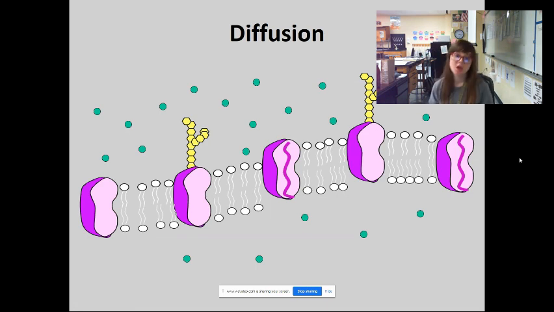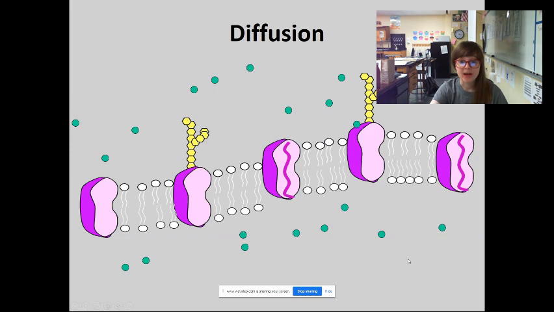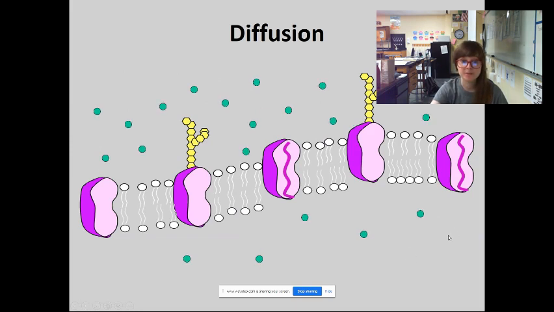Now, if you're taking notes, really all you want to get is just a basic definition of these terms. So in diffusion, I want you to just watch what happens with this animation. We have a high concentration of molecules up here at the top of the cell membrane and a low concentration of molecules down here. So since we're dealing with passive transport, I want you to think, what is going to be the movement of molecules? Okay, now I want you to watch. Did you see? I'm going to back up, and I'm going to go one more time.